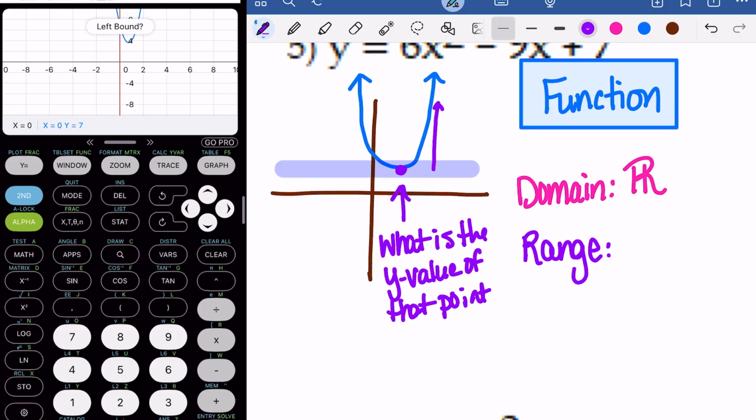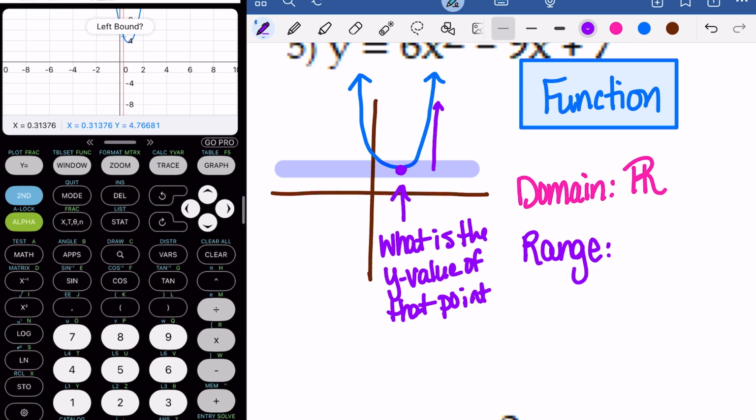And then it's going to ask us to go to the left bound. What that means is I need to move my cursor, and I'm going to do that using the arrows on my keypad. I'm going to move them until that little diamond there, mine's kind of acting a little funny, is on the left side of that minimum.